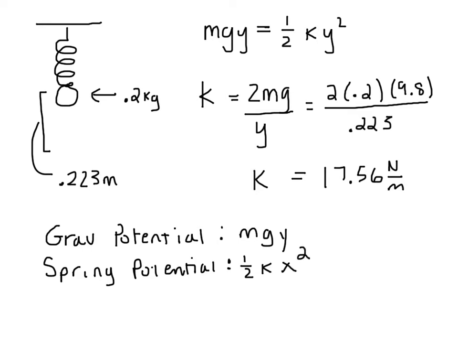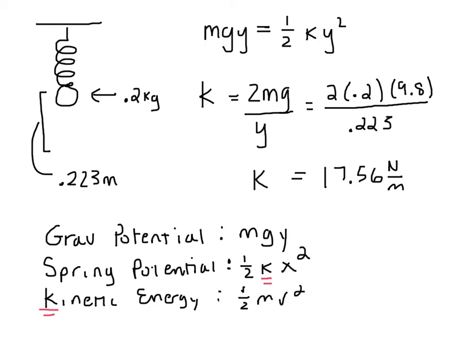And we also have kinetic. We have to be careful because I've got a K here and I've got a K here, and they're not the same K. So you just want to make sure that you're keeping everything straight. And that's 1/2 mv squared.